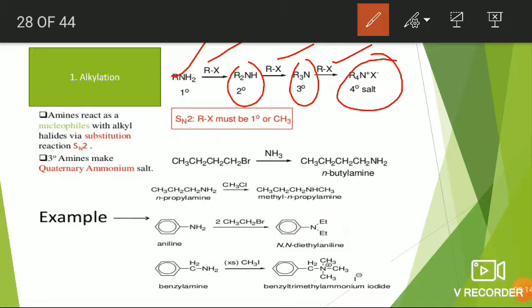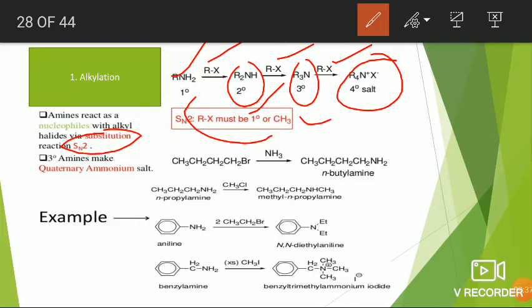Here the reactant, that is alkyl halide, must be primary or it may be methyl halide. Majorly the primary halides undergo alkylation reaction easily with different amines. This reaction generally goes through SN2 type mechanism.